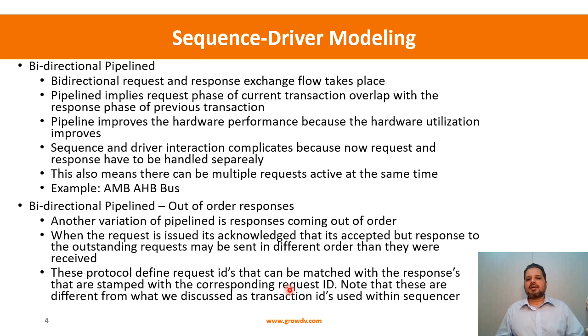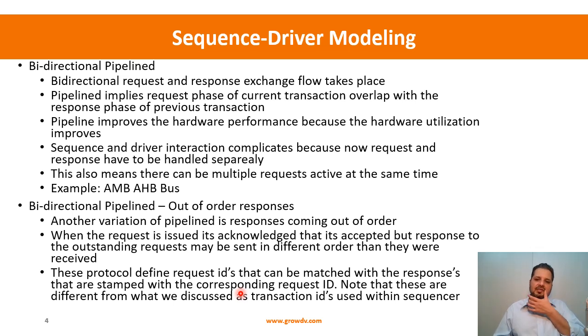And note that when we discussed the sequencer, briefly we saw that the sequencer will stamp a sequence ID and a transaction ID for routing the responses. This is different. This is for the inbuilt usage of the sequencer, and these IDs that it stamps are private, whereas the out of order responses I'm talking about have to be built in as part of the external protocol that we are implementing.